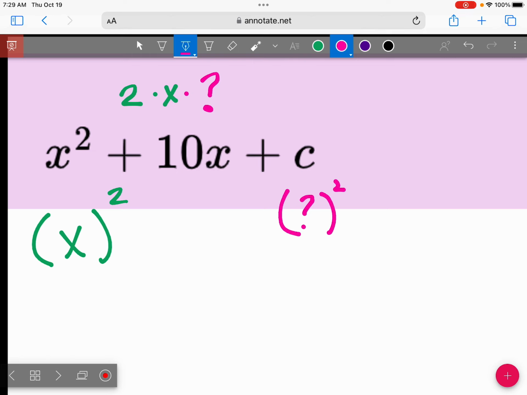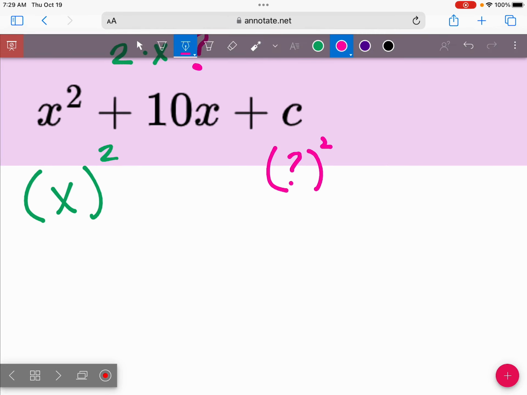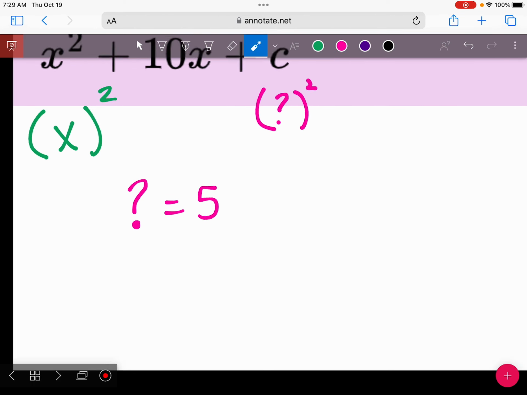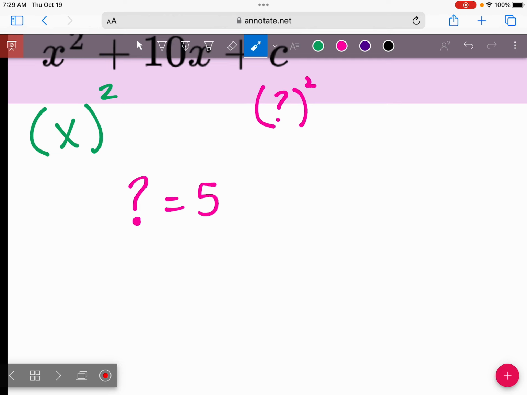So 2 times x times something gives us 10x. What's that something going to be? 5. So question mark is going to be 5. If question mark is 5, what's c? 25.